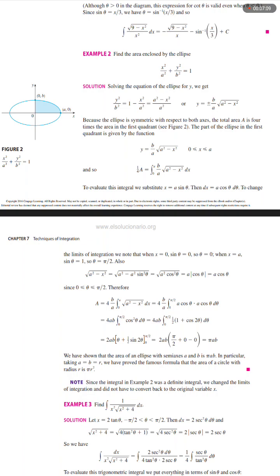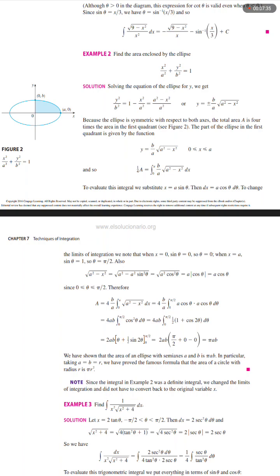And so one fourth of A equals the integral from 0 to a of b over a times the square root of a squared minus x squared dx. To evaluate this integral, we substitute x equals a sine theta.